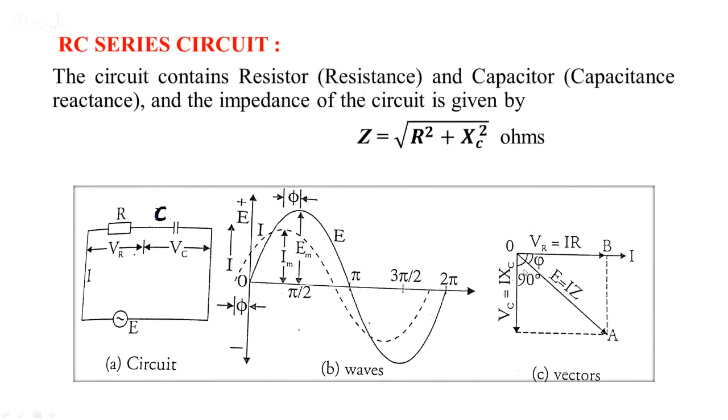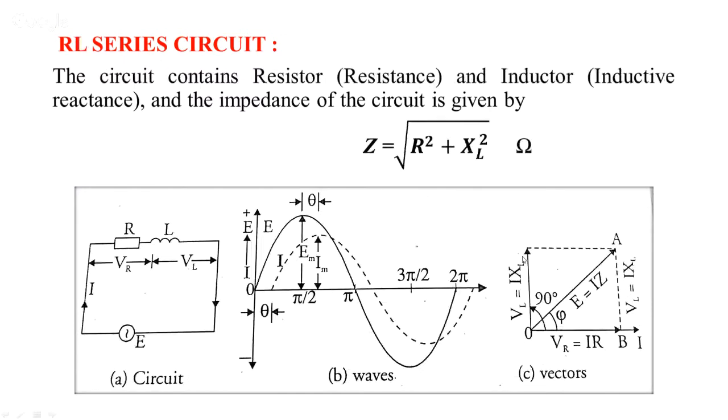And here you can see VL, that is the voltage in the inductor, which is given by I into XL. I is the current flowing through the circuit and XL is the inductive reactance of the inductor. So VL equals I into XL, and in case of a pure inductive circuit, the voltage leads the current by an angle of 90 degrees.